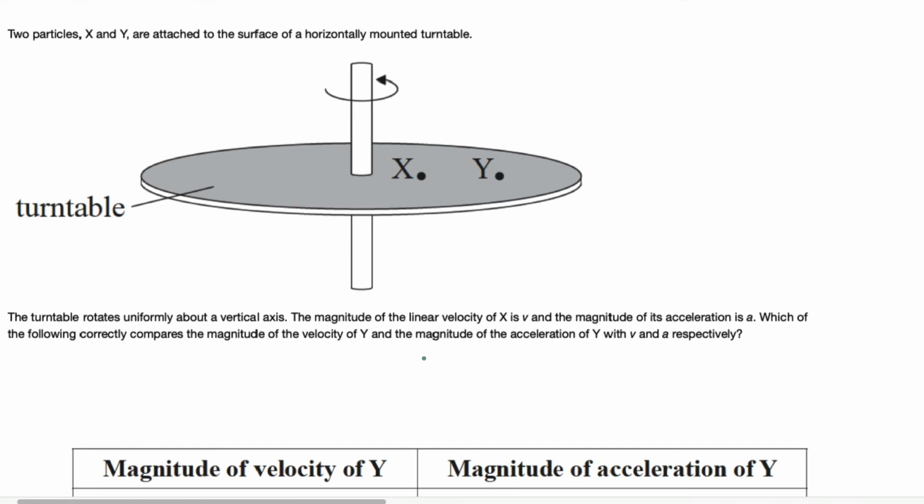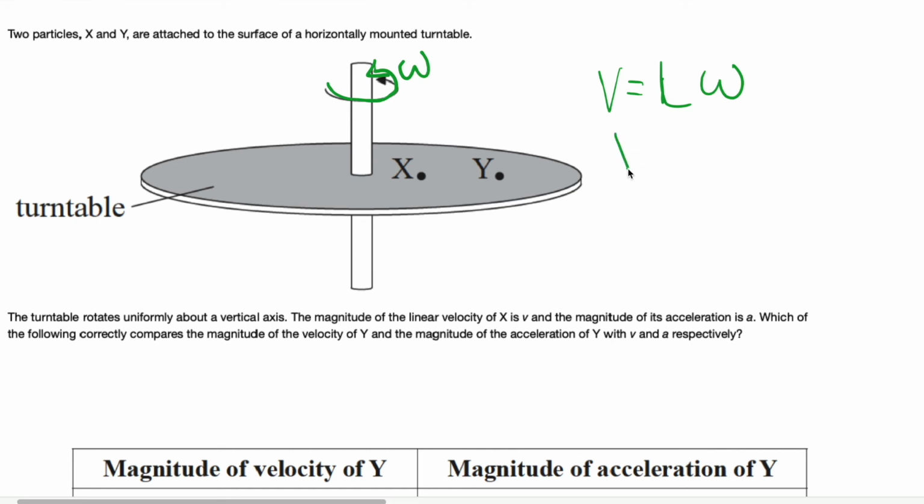So how do we do this problem? We can see that X obviously has a closer distance to the central axis. And we know velocity is equal to the distance from the axis multiplied by omega. And since they're on the same plane, they have the same angular velocity.